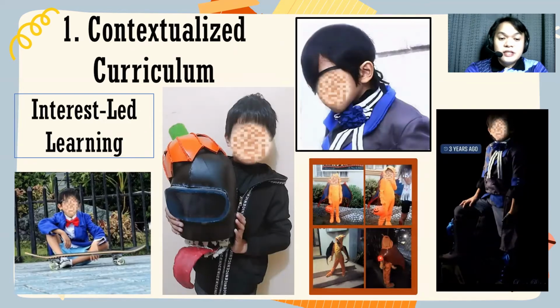The child on your screen is Phoenix. He has a good name, and his name Phoenix symbolizes hope and rebirth. Just like the mythical bird that emerges from its ashes, this boy emerges and overcomes his disability. His interest is doing cosplay, costume playing.